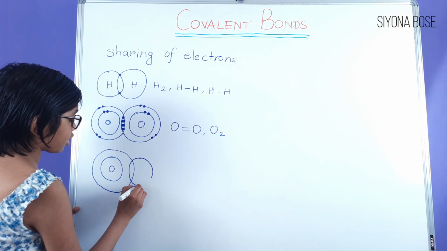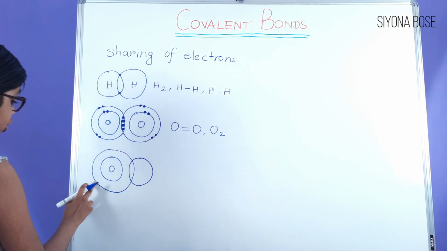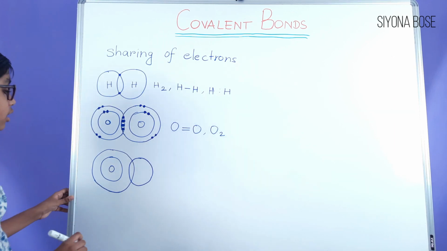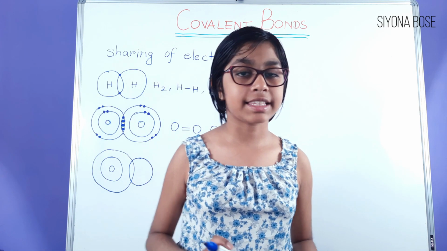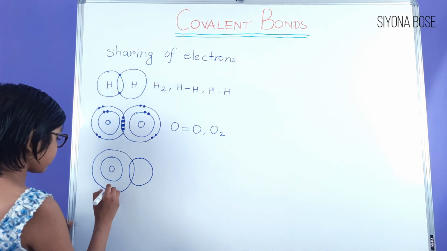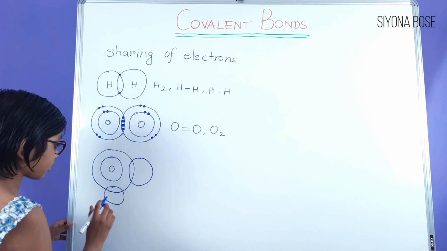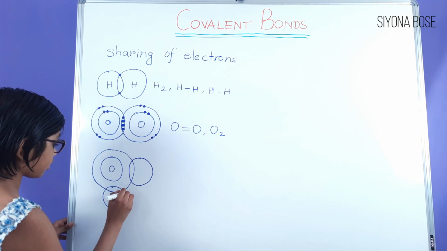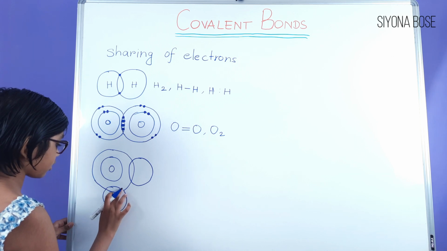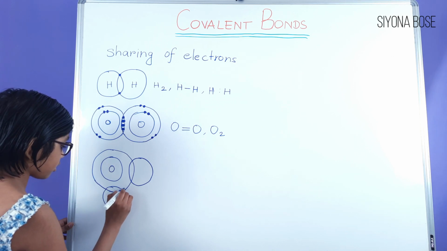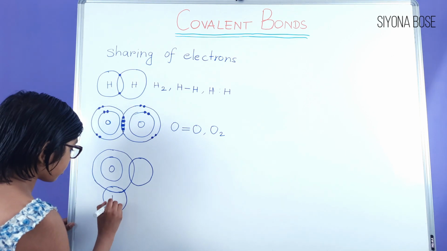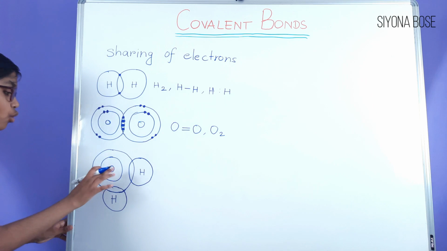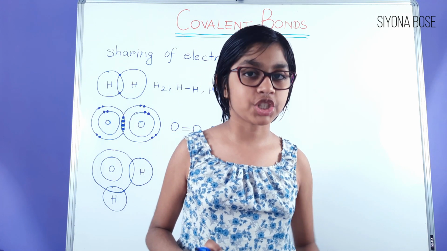Both are sharing electrons, and ultimately the oxygen and the two hydrogen atoms will fulfill their required valencies, or the capacities of their shells. Here we have an H, and this is actually a nucleus. This is O, but it's the nucleus of the oxygen atom.